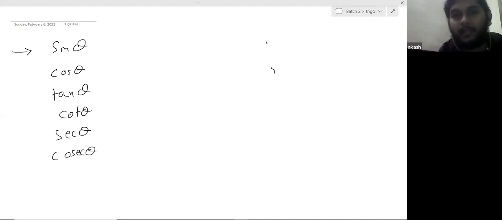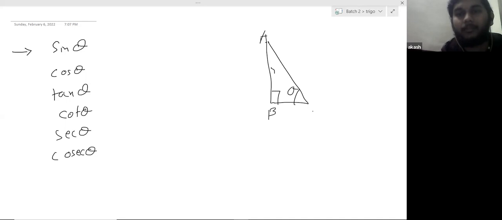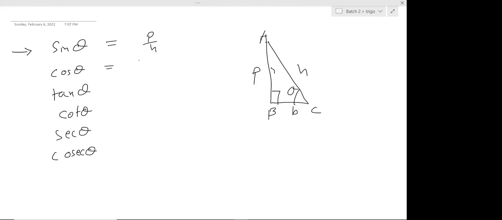If there is a right angle triangle, and this is the angle theta, this will be perpendicular. This is base, this is hypotenuse. This is perpendicular upon hypotenuse, base upon hypotenuse.